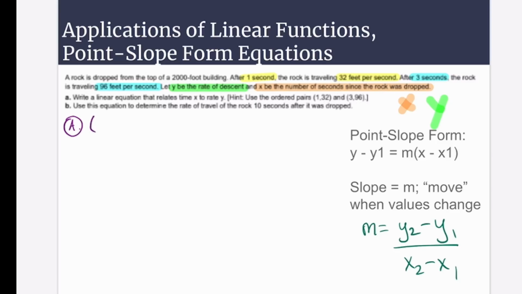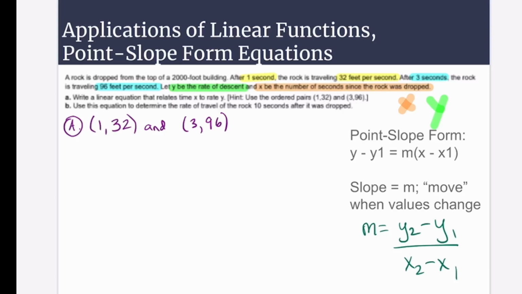So after 1 second, it is traveling 32 feet per second, so it's decreasing 32 feet. Our second point is going to say 3 seconds, and now we're traveling 96 feet per second. So we're going to use these points to write an equation.